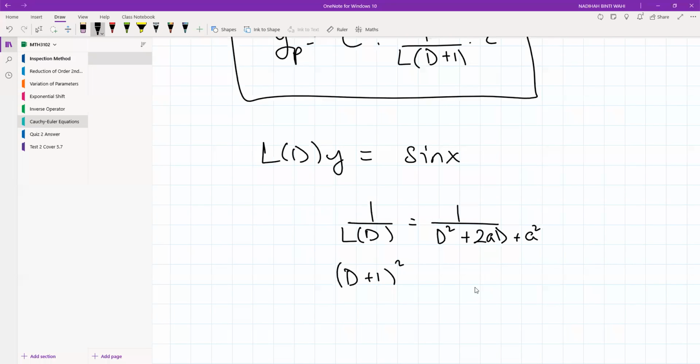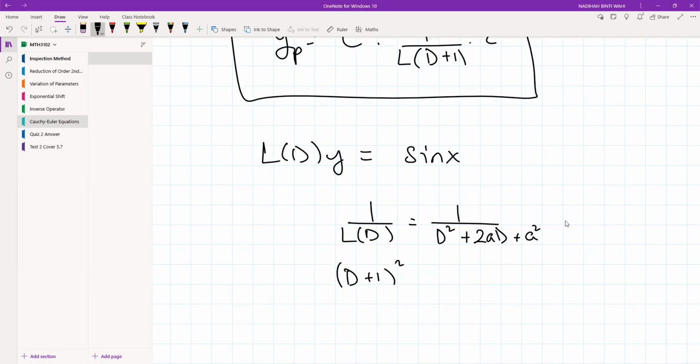Lebih kurang macam tu. Tapi kalau kita tak dapat nak kira yang tu, macam contoh tiba-tiba dapat D kuasa 2 tambah AD tambah A kuasa 2, macam yang tu tak boleh nak kecilkan. Oh, okay.